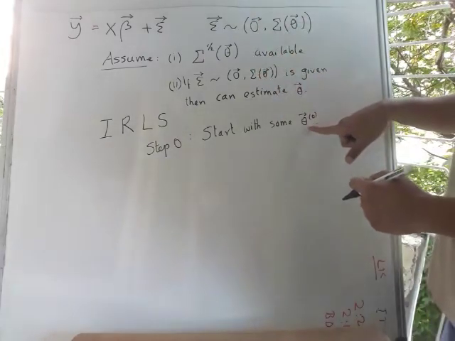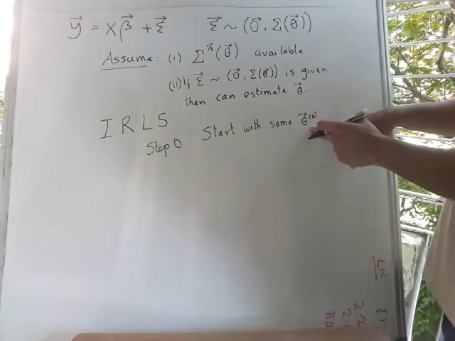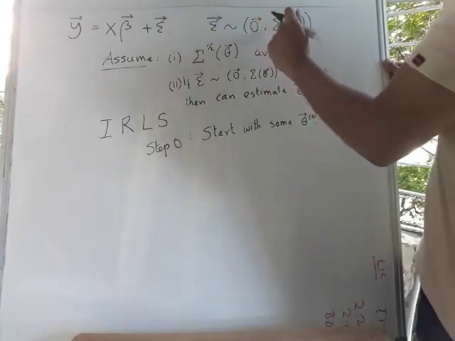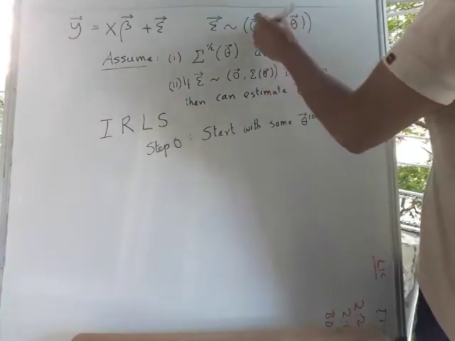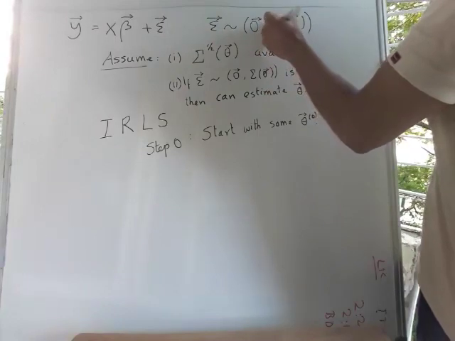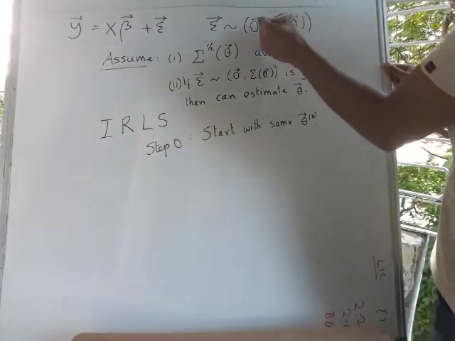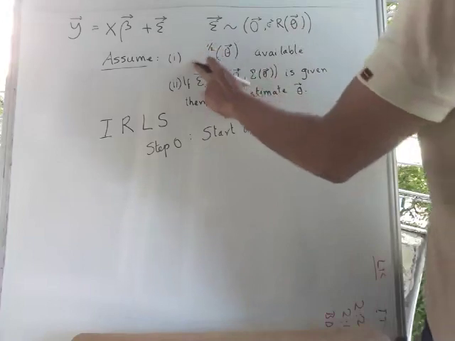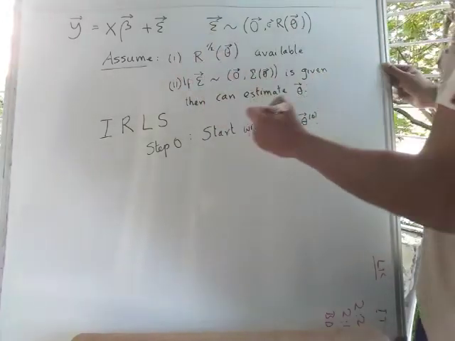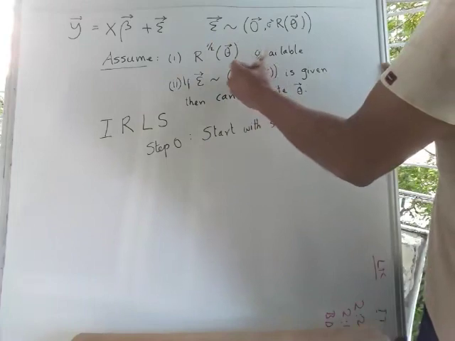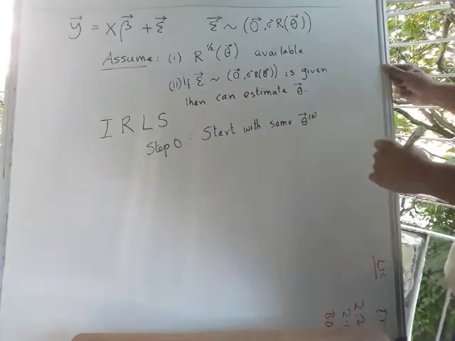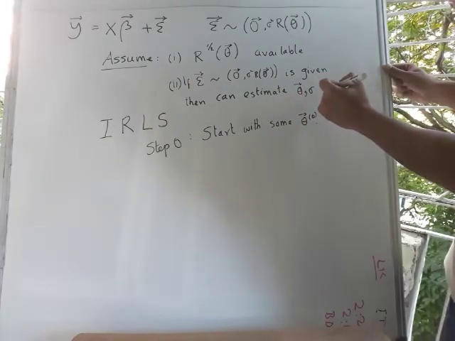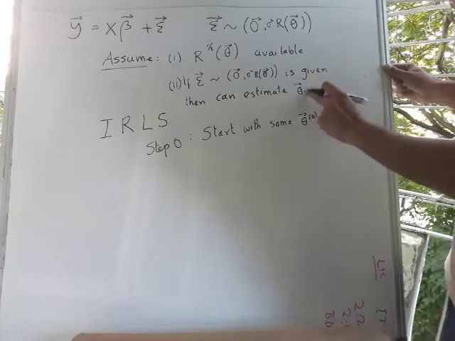Now that you know theta 0, you just assume that theta is known at this value. So typically we will assume the variance of epsilon is of the form sigma square times R, where R is the correlation matrix and sigma square is unknown. So capital Sigma theta I am taking of this form. Then you can estimate sigma square, and you can estimate theta, so that is okay.